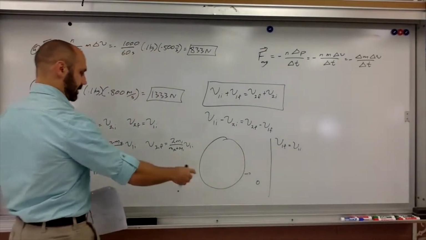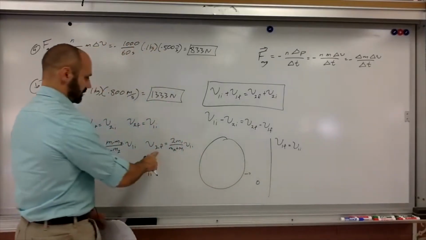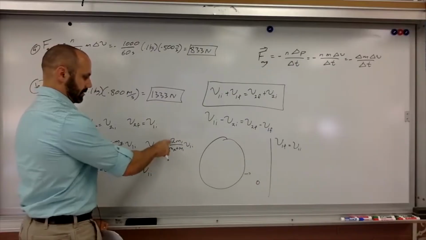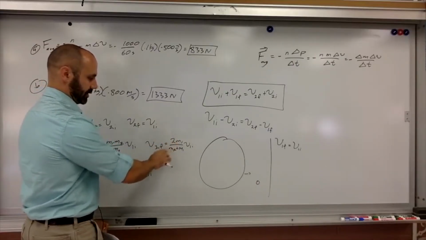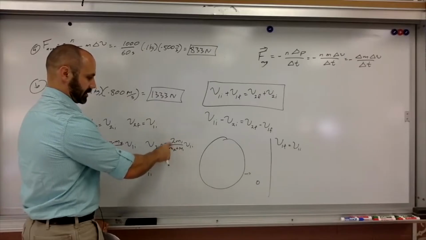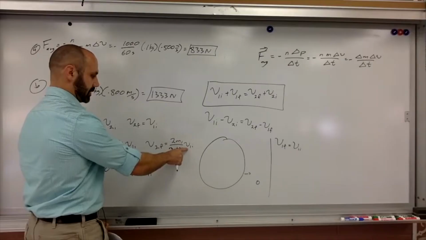But for the smaller object, if M2 is really tiny compared to M1, look at V2F. You've got 2 times M1 over M2, which really doesn't matter because it's so small. So it's like 2M1 over M1. This is saying 2 times V1I.